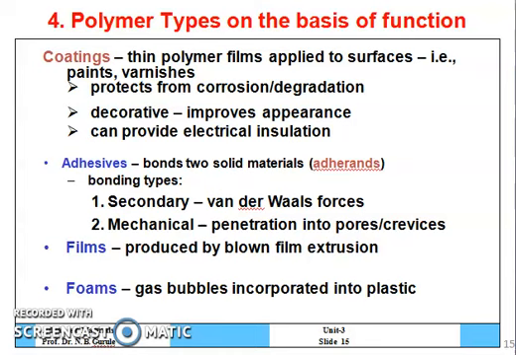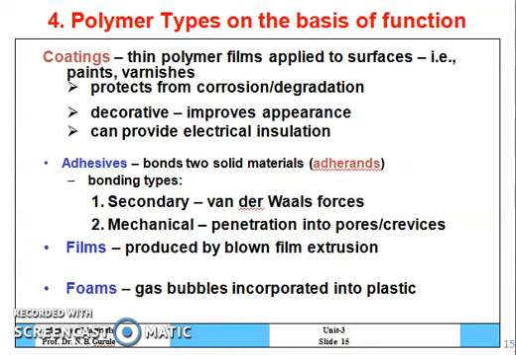Then the next form of polymer is adhesive. The purpose of applying an adhesive is to bond two solid materials together. Two types of bonding are there: secondary bonding by using van der Waals forces, and mechanical bonding that penetrates into the pores or crevices, so that we get a firm mechanical bond between the solid materials.